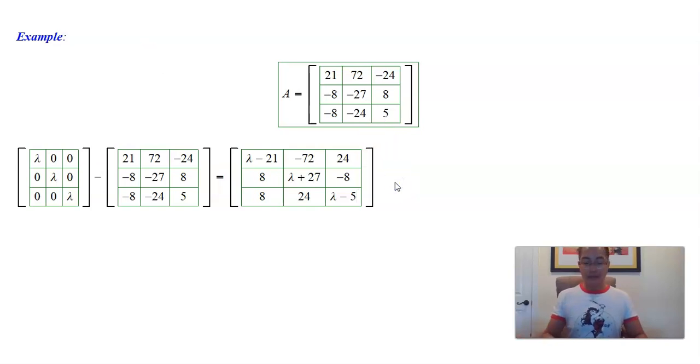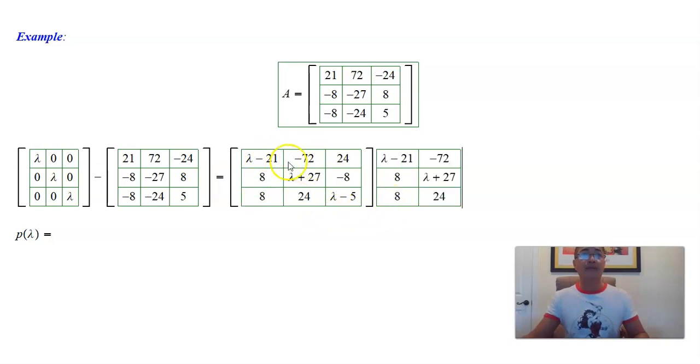Okay, so we need the determinant of that matrix to get our P of lambda. There's the Greek lambda. Okay, so remember how to do a 3 by 3 determinant.